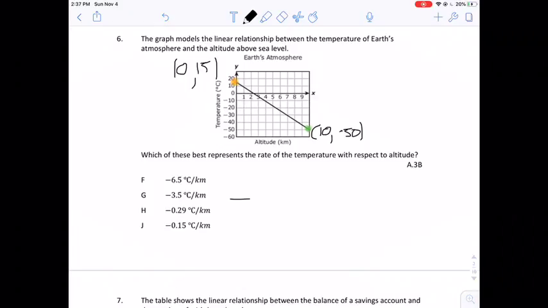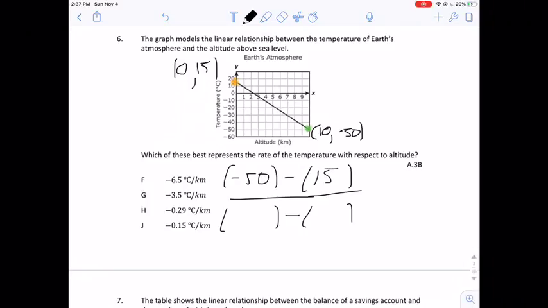So I'm going to go to my equation to get the slope. Open parentheses one more time: y2, -50; y1, 15; x2, 10; x1, 0. -50 minus 15 is going to be -65.